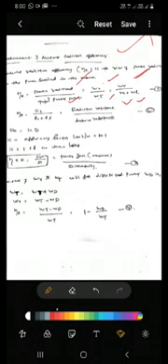Losses here may be ohmic loss, I squared R loss, or dielectric loss; these are also included in WL. The power WR is I squared R. If I take I from both, it cancels, and finally I get eta R equal to RR divided by RR plus RL.